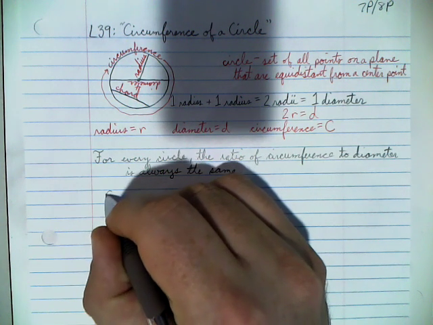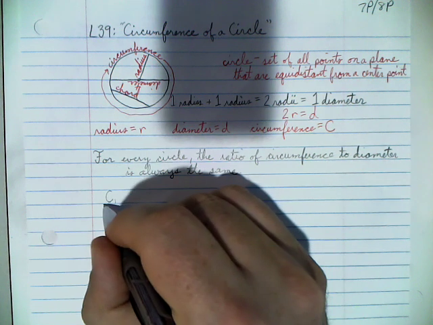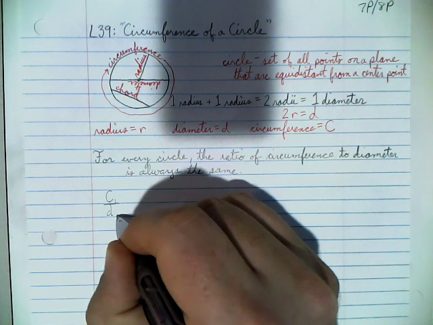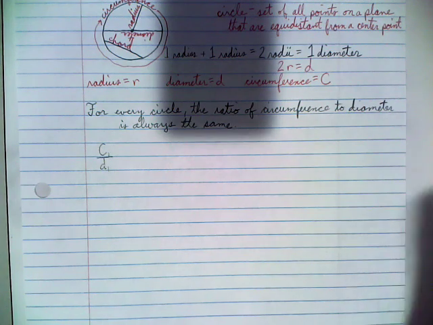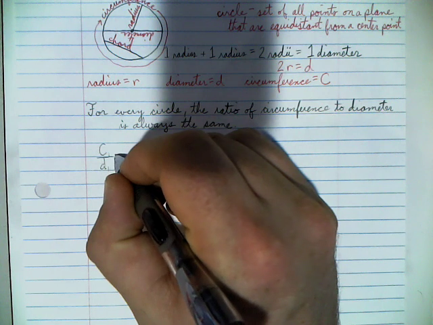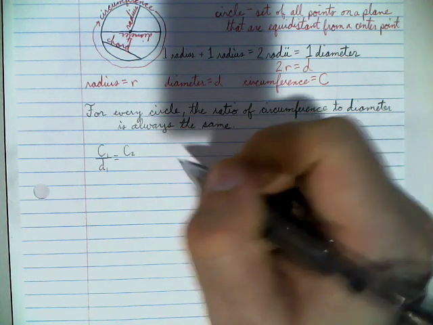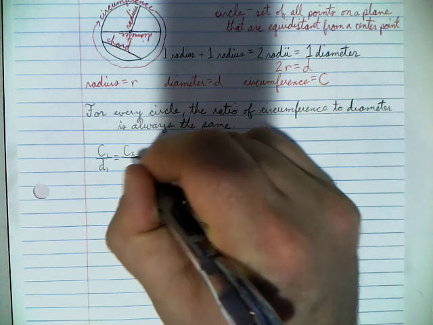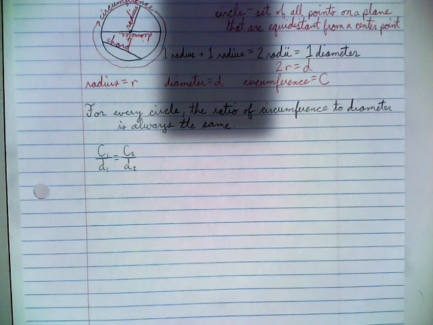So if you take the circumference of one circle and make a ratio with the diameter from that one circle, so C sub 1, D sub 1 come from the same circle, it's going to be equal to the circumference from a second circle compared to the diameter of that second circle.